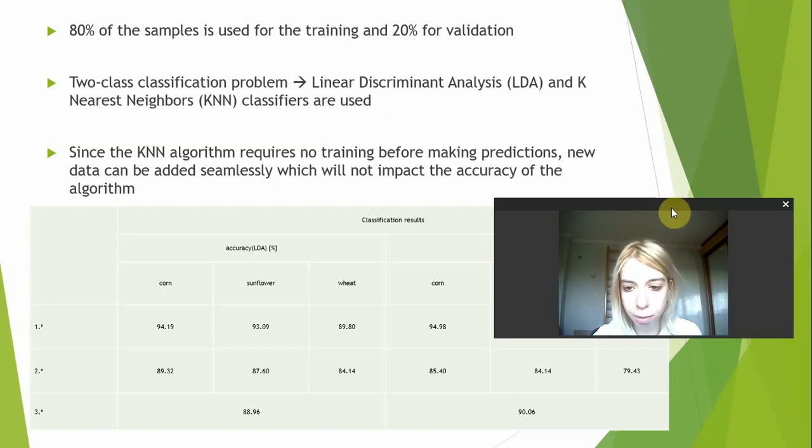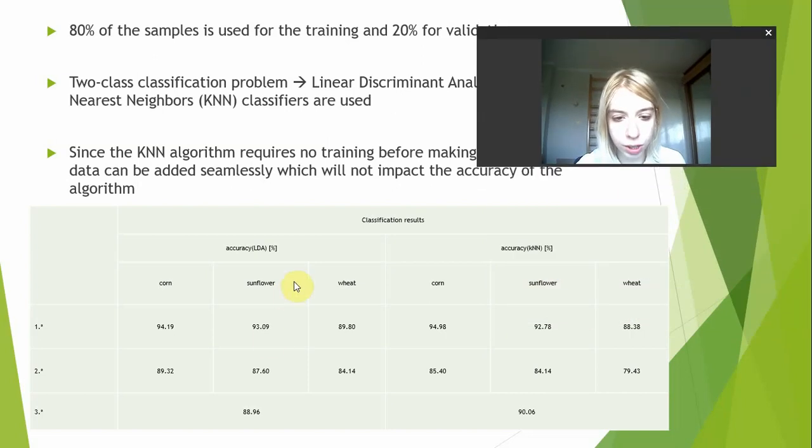We have the results in this table. As you can see, the accuracy is very high, going up to 90%, and both of the classifiers are very tight on the performance.